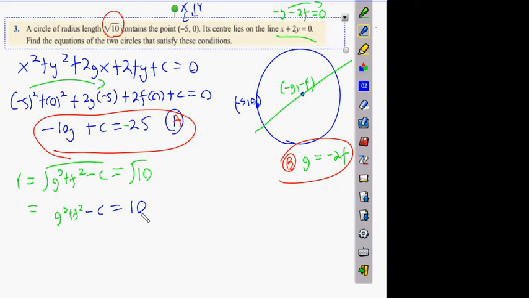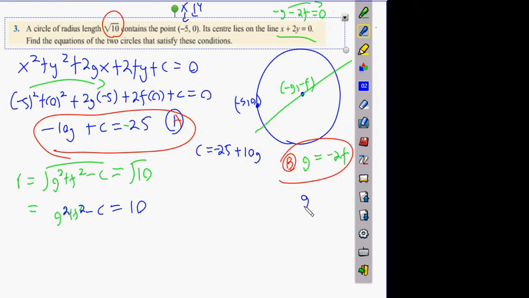Systematically eliminate one letter at a time. I'm going to start off with eliminating c. c = -25 + 10g. Alright? Then I'm going to use g = -2f.